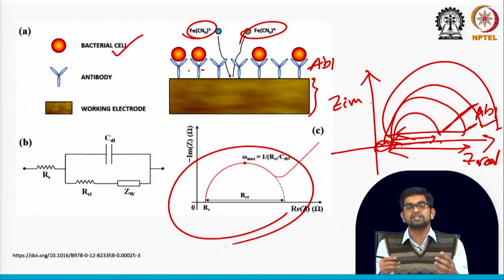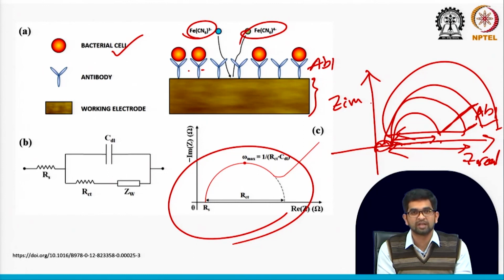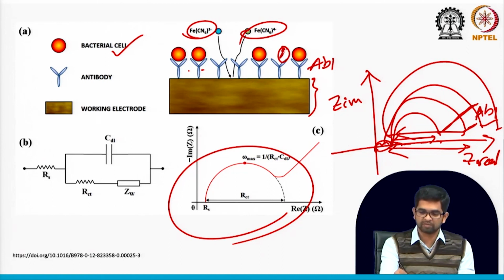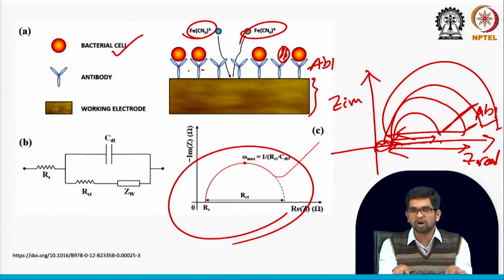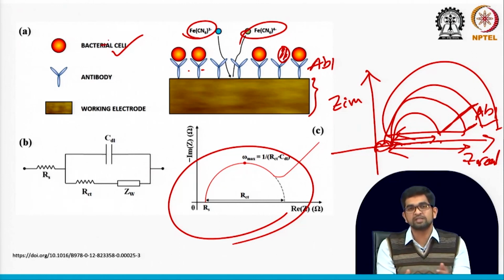Based on this RCT value, we can predict the number of bacterial cells present on your sensor surface, a quantitative value, and this is a very sensitive method. If more molecules come, the surface will definitely be blocked by the cells, and the electron transfer rate will decrease. That's why this method is very sensitive.